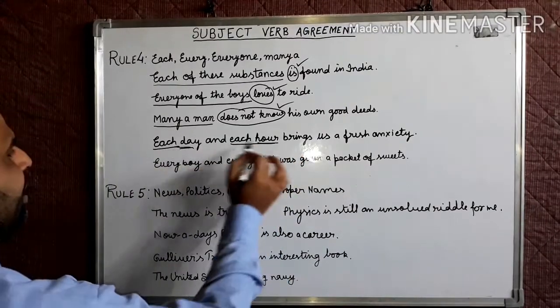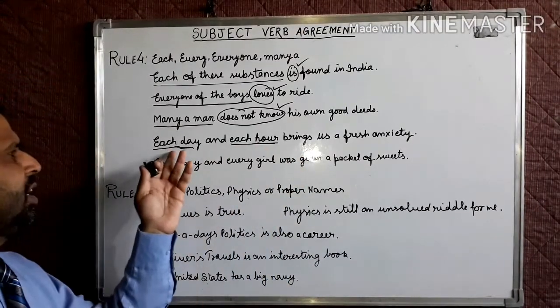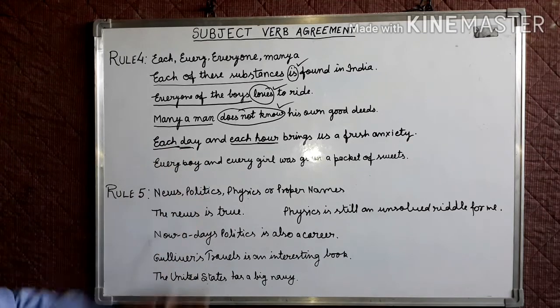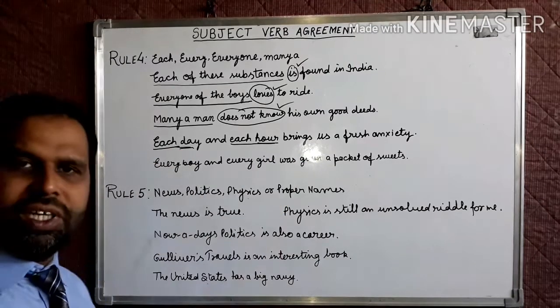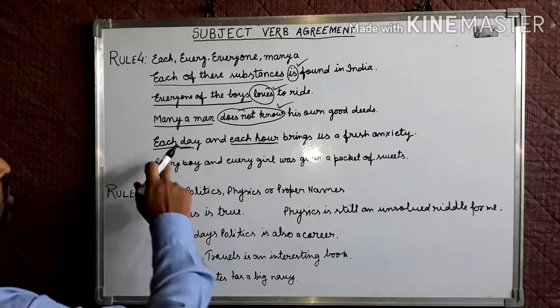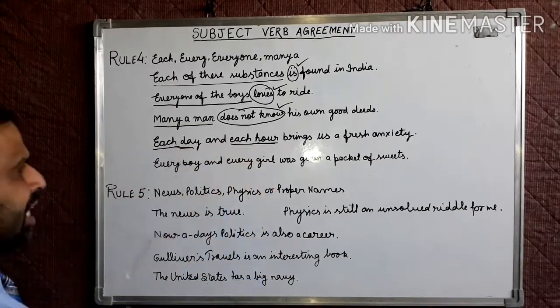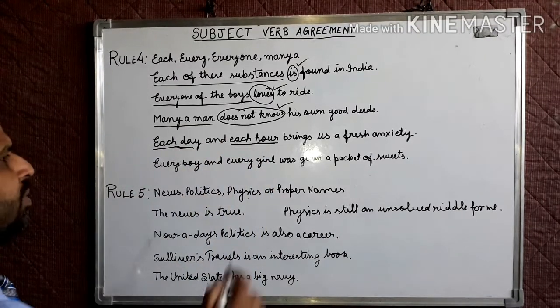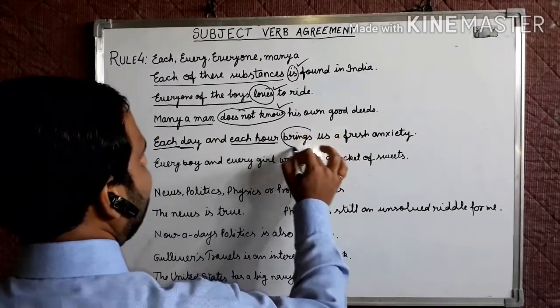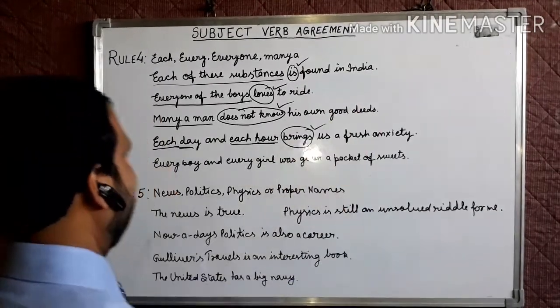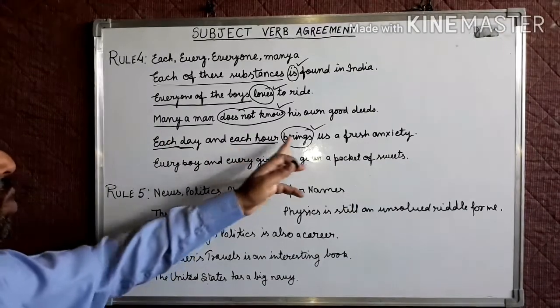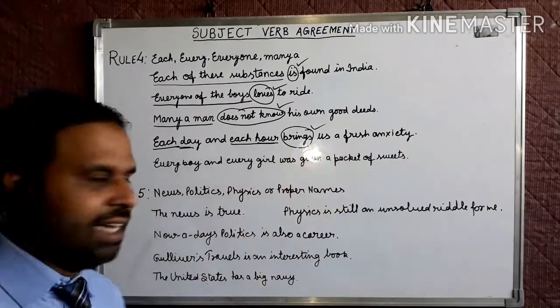Each day and each hour. When we add each to these nouns, then the verb will be in singular number. So each day and each hour brings us a fresh anxiety.